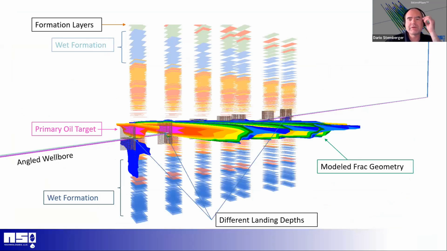So here's a representation of various stages in a well. This is not a real well, but what I've done is I created a horizontal well that's tilted, coming in through one part of the formation, and then dipping down below the primary oil target.